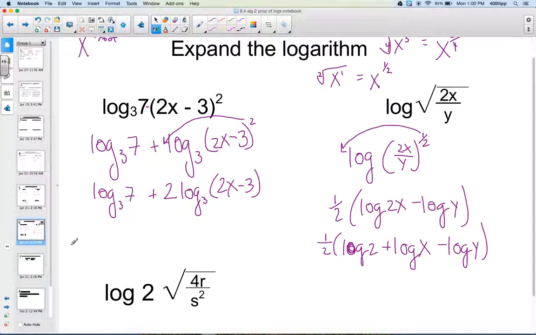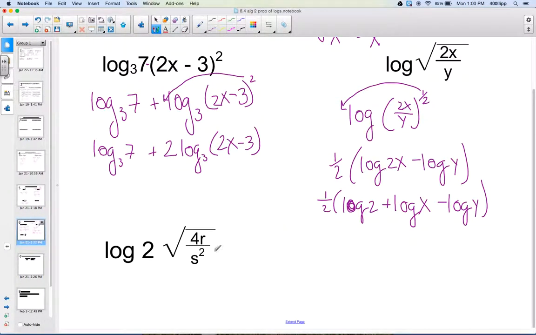Okay, one more here. If we have a square root, we can try and simplify it first. So I'll have log of 2. We know that the square root of 4 is a 2. The square root of r, we can't simplify that, so we'll just write the square root of r. And the square root of s squared, the square root and squared will cancel, or again, you can use power over root as 2 over 2 is a 1, and that's s to the first, or just s.